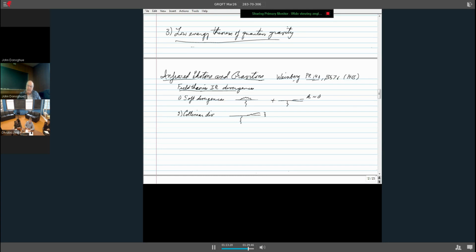So here's the setting. Basically, field theories have infrared divergences, both in loops and radiation. So the first type are soft divergences.